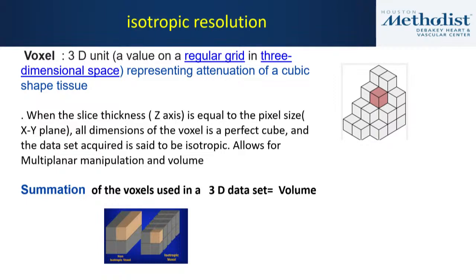Okay, so that's very important to allow you to change any axis without distorting the images, and allow you to just add every voxel using the 3D data set to calculate the volume. Okay, so if you know your voxel size, which you determine by the slice thickness and your in-plane resolution, you know this voxel equals a certain volume, and you just count the number of voxels you have, and you get the volume. That's how we get the volume. So this is without any mathematical manipulation or presumption.